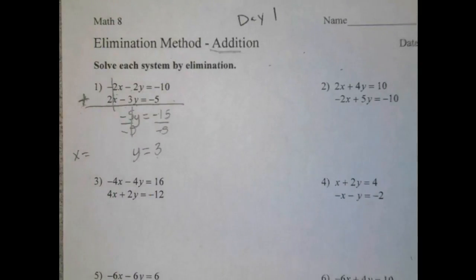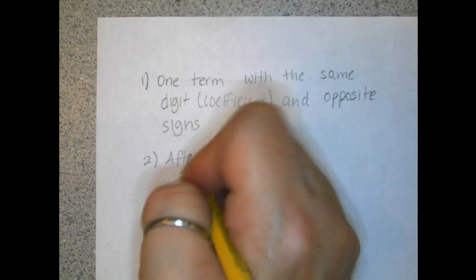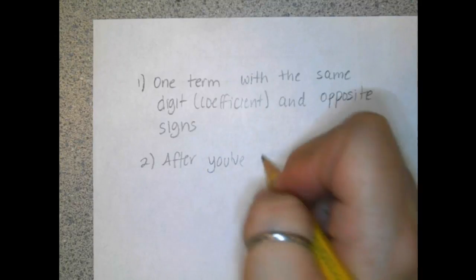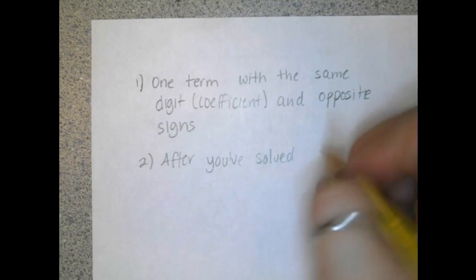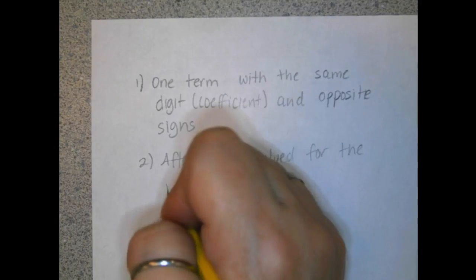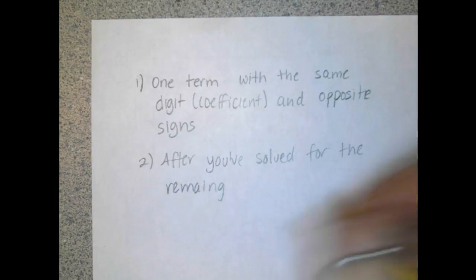Okay, so my second step. After you've solved for the remaining variable, because it's not always going to be x, it's not always going to be y. Sometimes we solve for x, sometimes we'll solve for y.